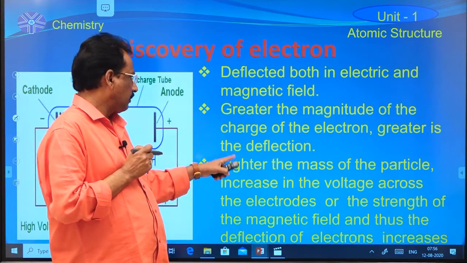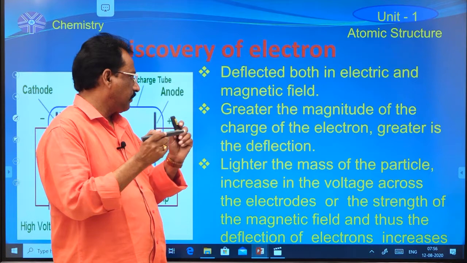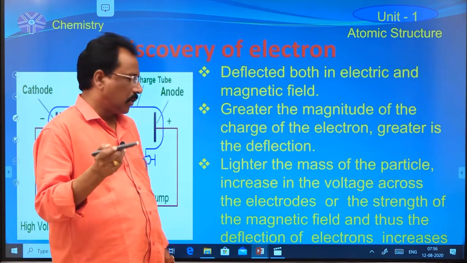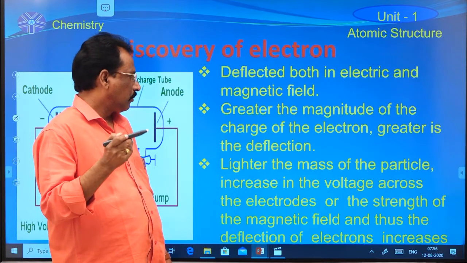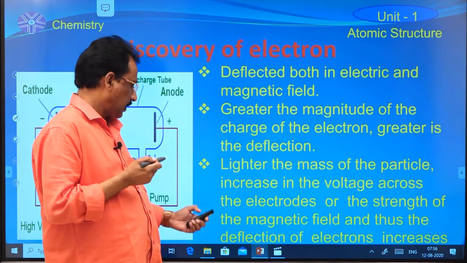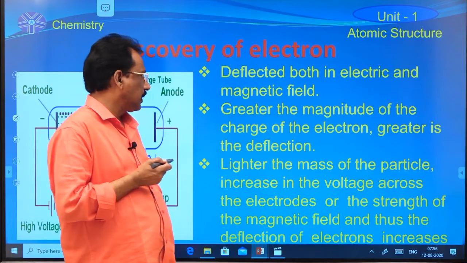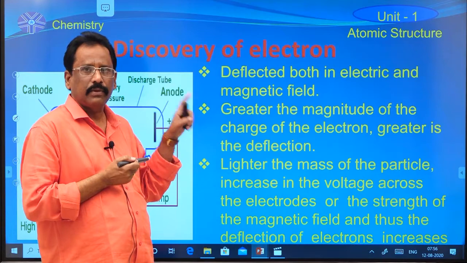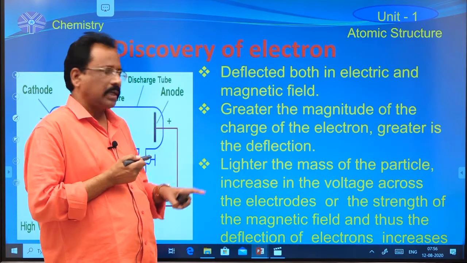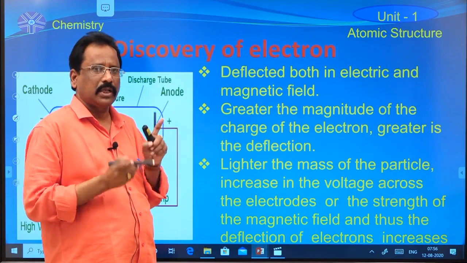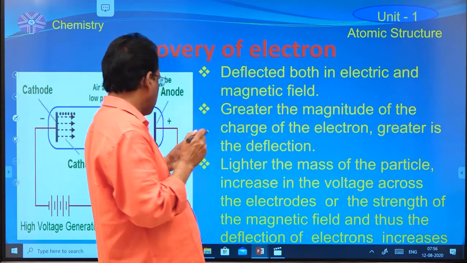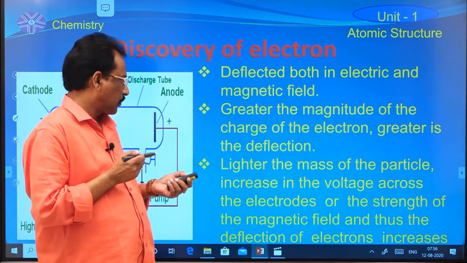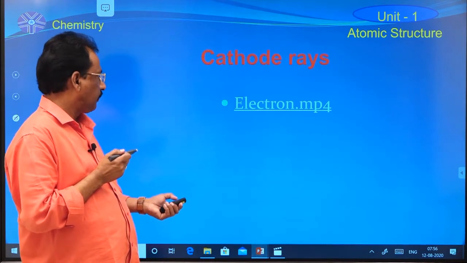If the particle mass is very small, the interaction between the particles and the applied electrical or magnetic field is more, so that particle shows more deflection. So according to J.J. Thomson, a greater magnitude of charge on the particle shows more deflection, and a lighter mass particle shows more deflection. If the strength of the electrical or magnetic field is more, those particles also show more deflection.